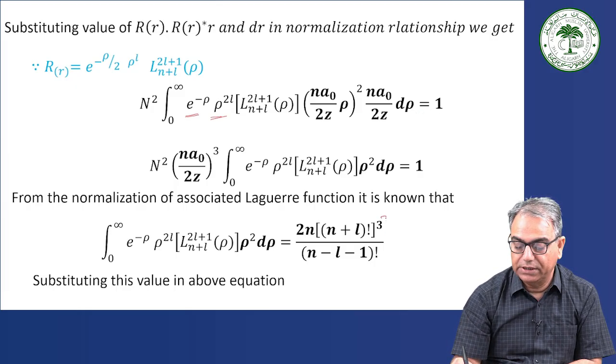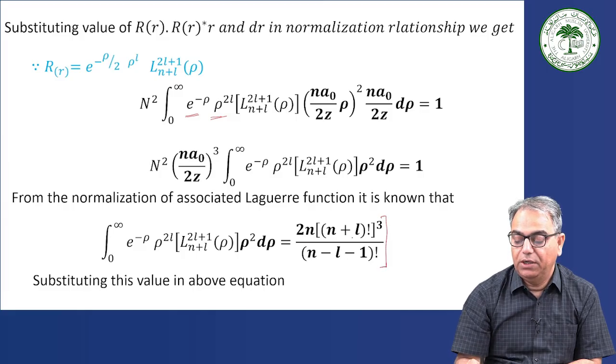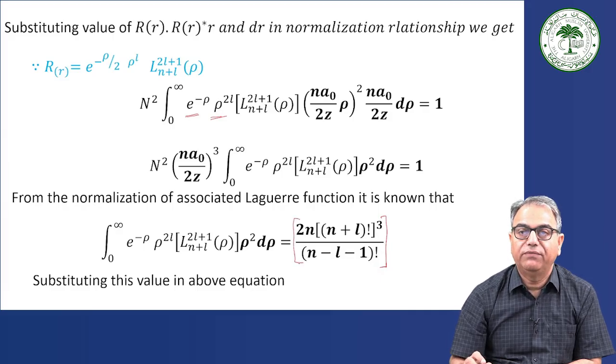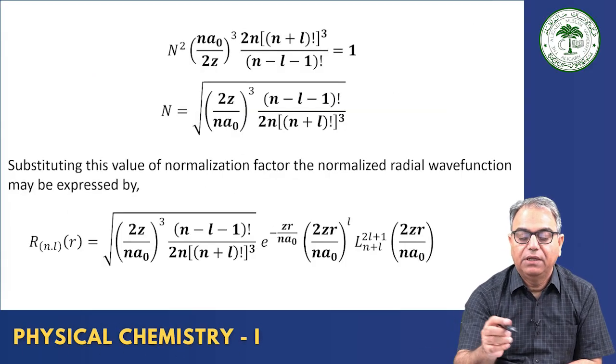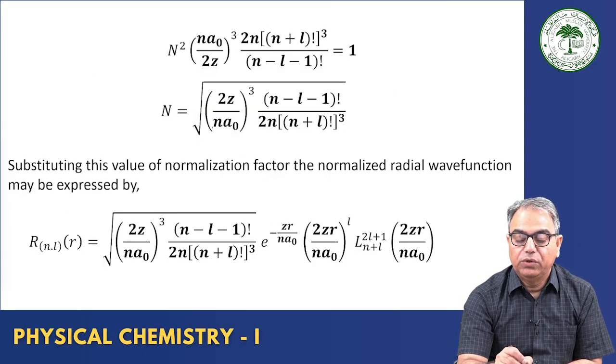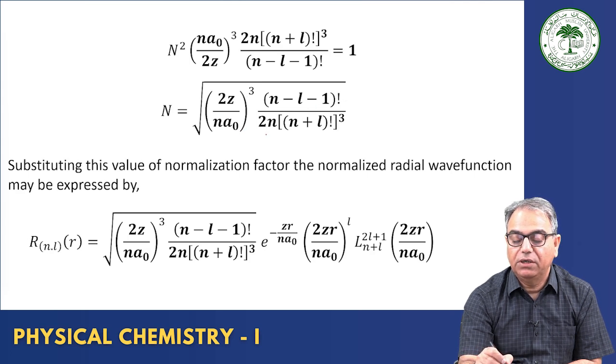The normalization constant is now 2n into n plus L factorial whole cube, the n minus L minus 1 factorial. So, this is your normalization constant N for the wave function. The total normalized wave function, N, is root under 2Z divided by n a naught whole cube, n minus L minus 1 factorial, 2n n plus L factorial.